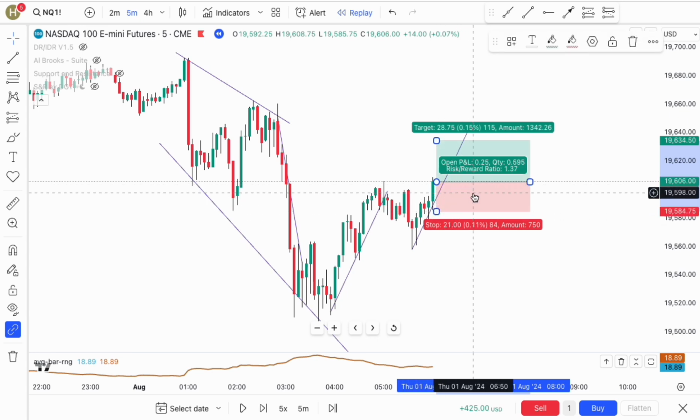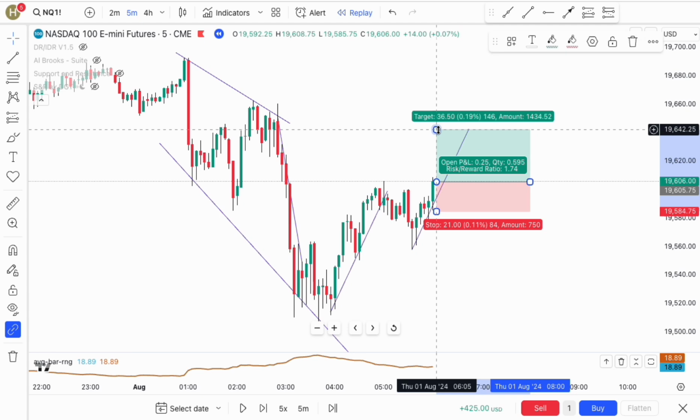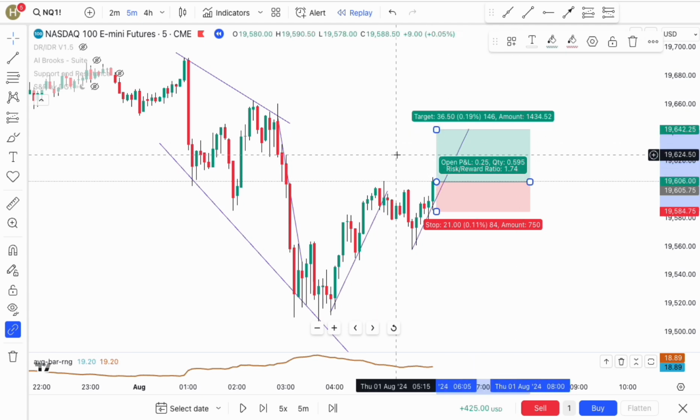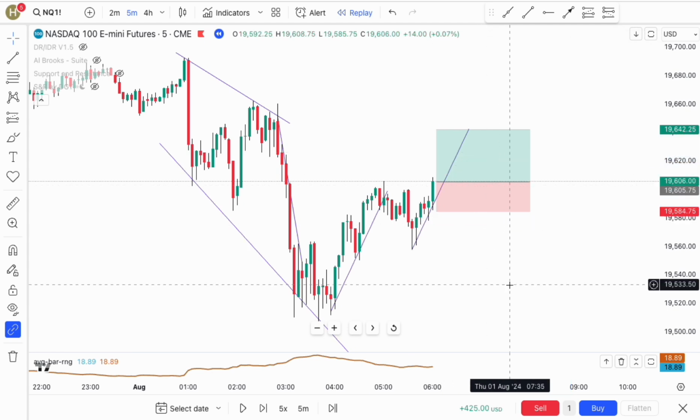And that's a pretty big stop loss, 21. I don't love that. And if let's say that I went ahead and said, I think we're going to go up to this spot, that is a 1.74 risk reward. So, I mean, it's okay. It's above a 1.5. It is okay.